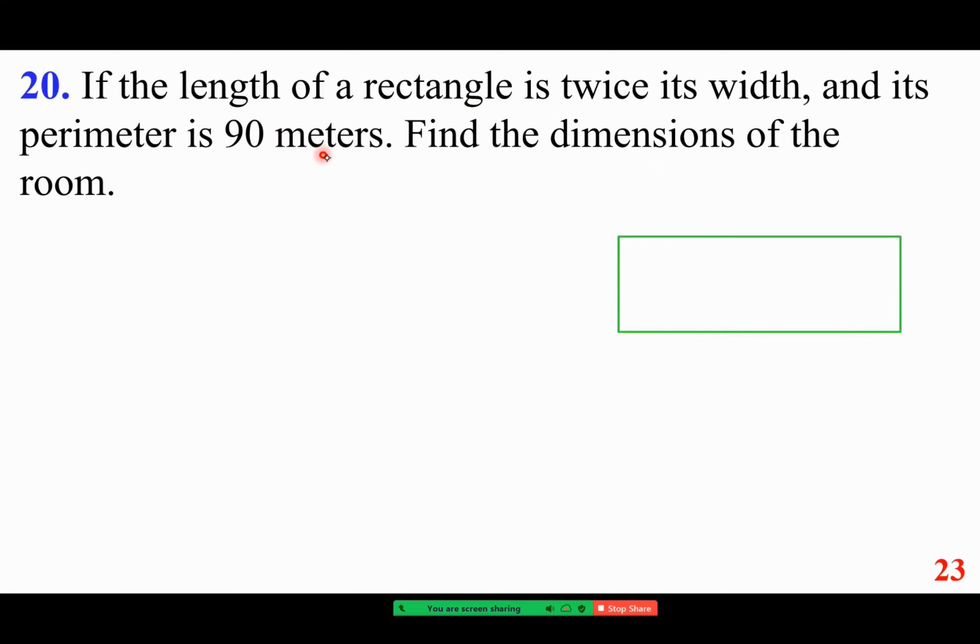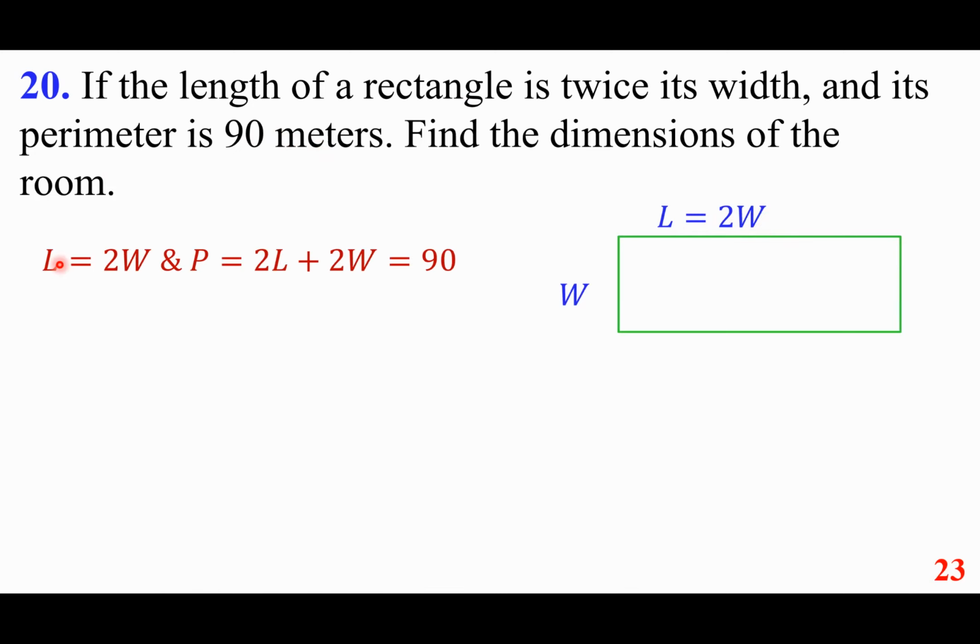Well, if this is the width, this is the length, and the length is 2 times W, we know that the perimeter is 2 times L plus 2 times W, or 2 times L plus W. So the given is L is 2W and P, which is 2L plus 2W, is 90. By the way, again, this formula, I could have said 2 times L plus W. Either way is fine.